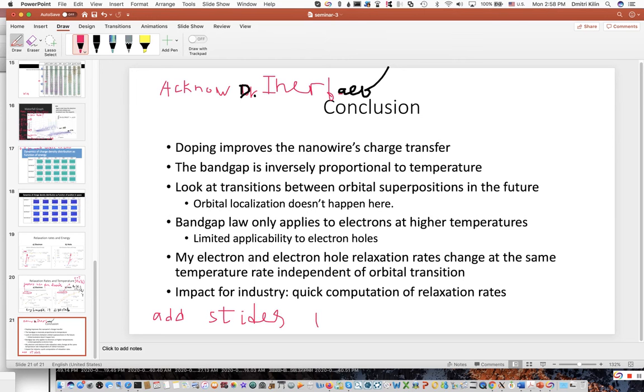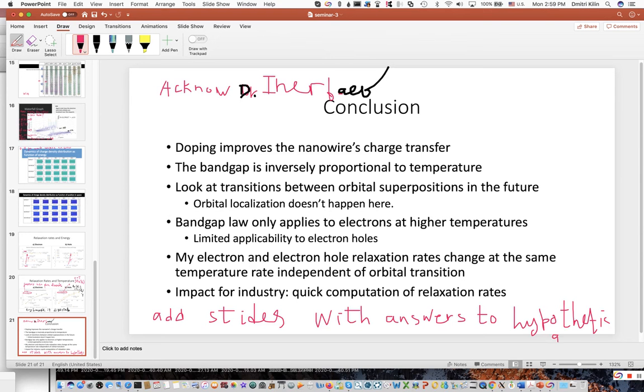And then we find here that the band gap law only moderately applies to electrons at higher temperatures. There's limited applicability to electron holes. And then finally, we note that my electron and electron hole relaxation rates are independent of orbital transitions when you're looking at how they change with temperature, and that they follow a Boltzmann distribution.